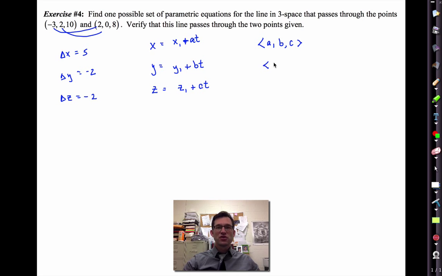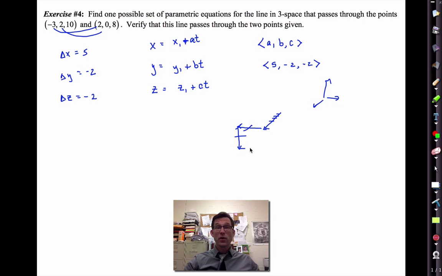Well, an excellent choice for that vector would be 5, -2, -2. That points in the direction I have to go. I need to go 5 in the x direction, -2 in the y direction, and -2 in the z direction. Sorry, that's my x, y, z frame of reference. 5 this way, 1, 2, 3, 4, 5. 2 this way, 1, 2, and 2 this way, 1, 2. Picture not drawn to scale.